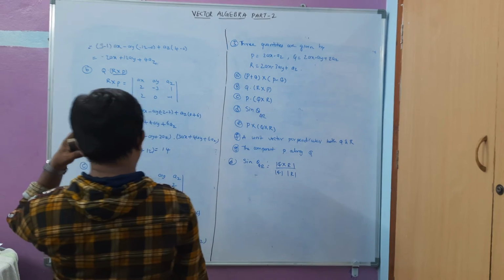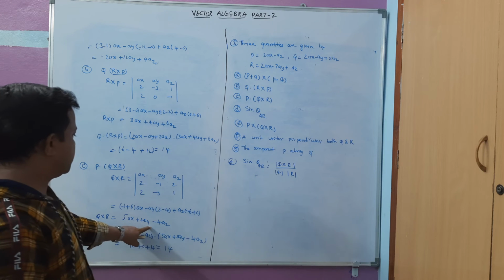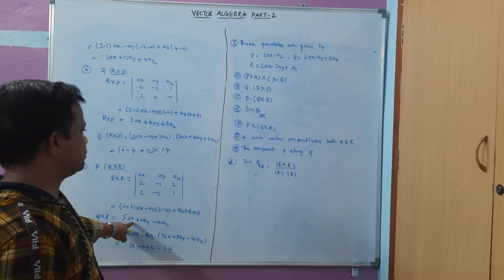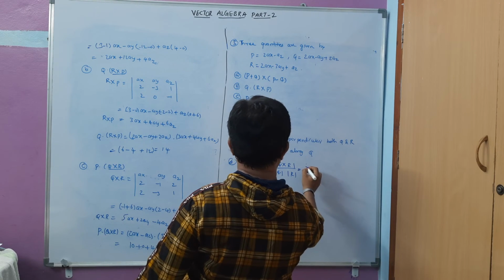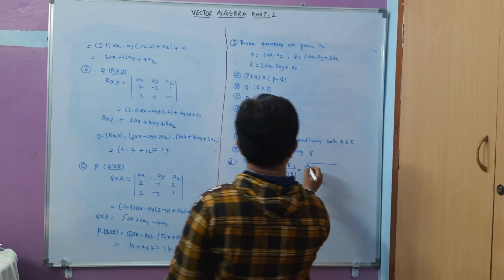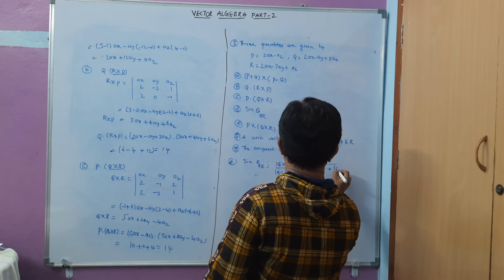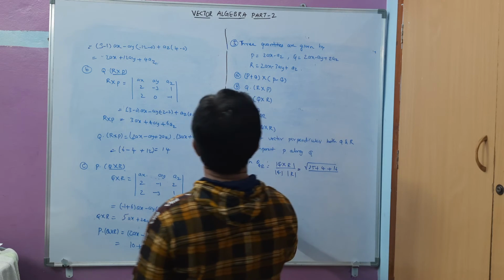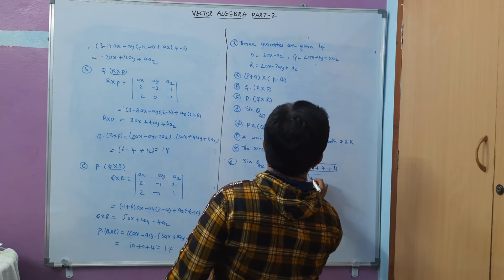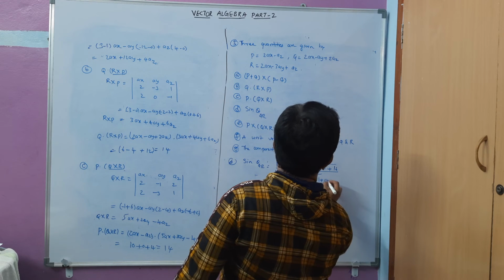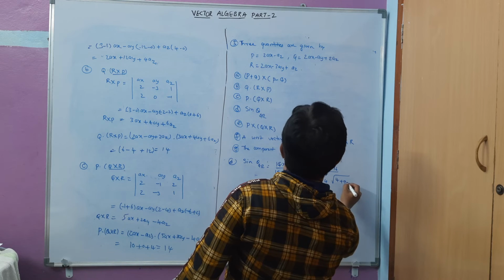So if you take Q cross R, what is Q cross R? Already we have got it here, that is 5ax and so on. If I take the modulus for this one, what do I get? Square root of 25 plus 4 plus 16, by mod Q. Mod Q means square root of 4 plus 1 plus 4. R is 4 plus 9 plus 1.